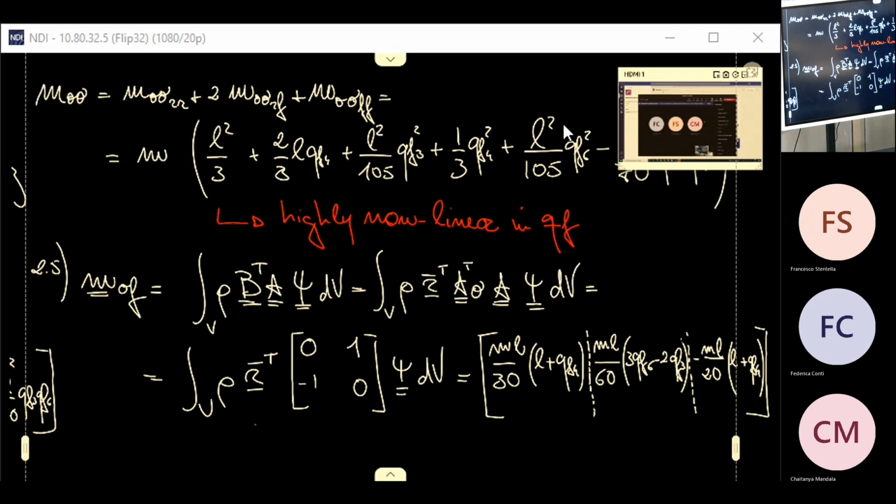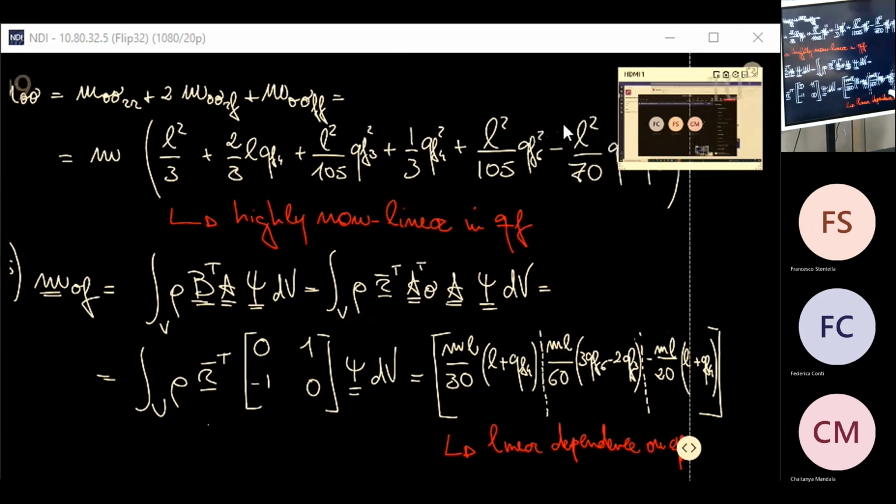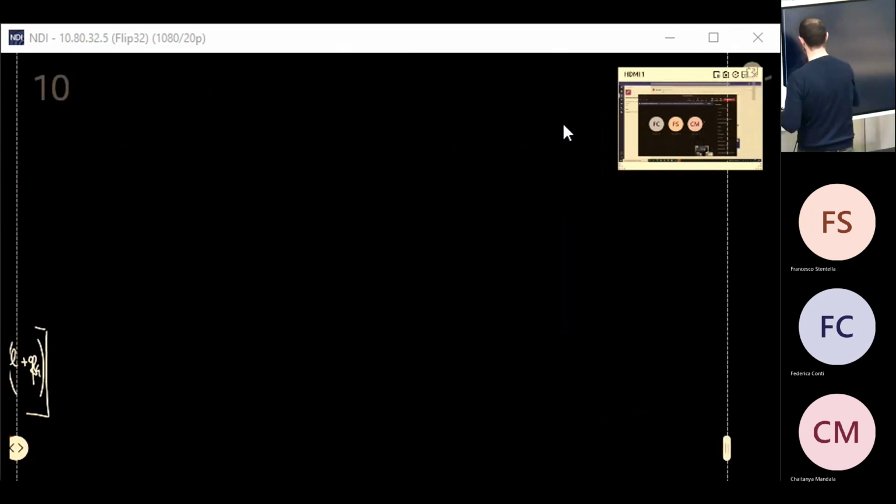And again, here you have a linear dependence on QF. The last term is the one associated to deformation.